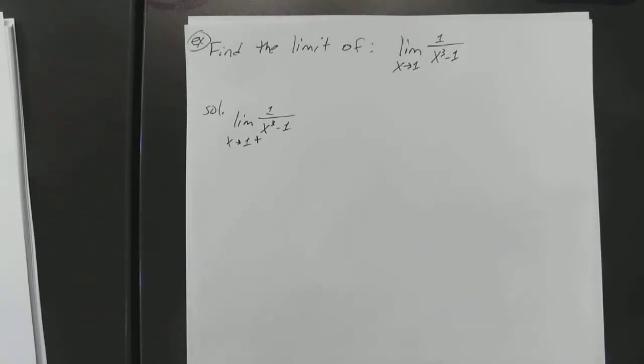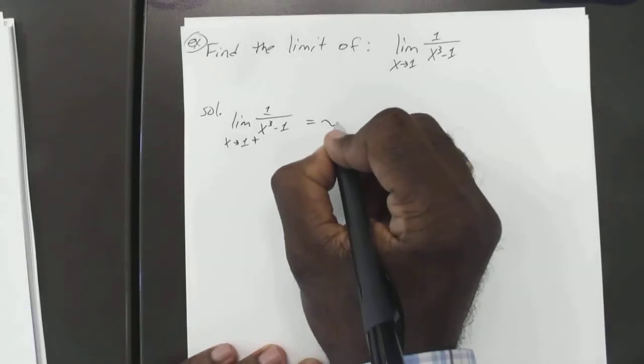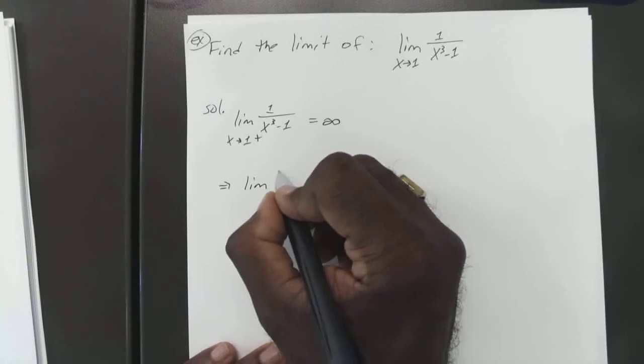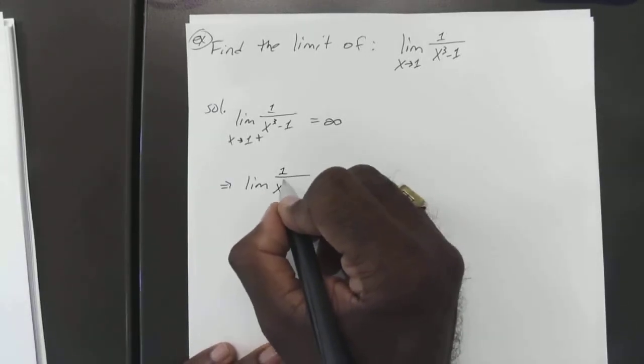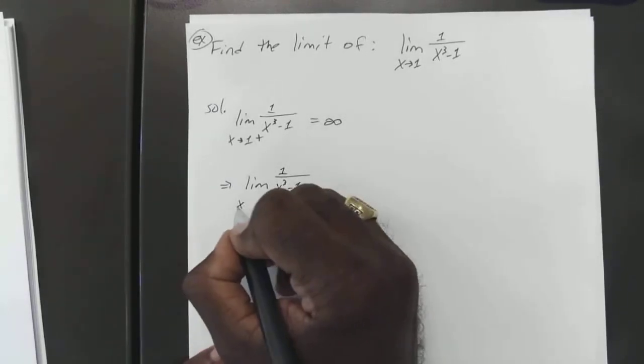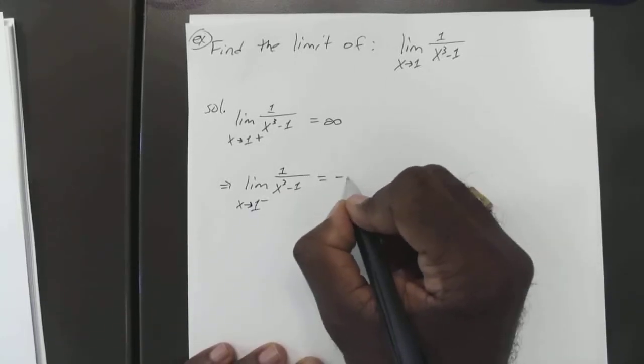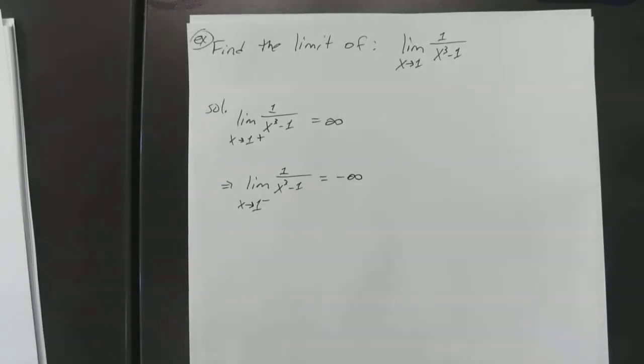Positive infinity. But we also know that the limit of 1 over x cubed minus 1 as you approach from the left is negative infinity. Now this is what they call a two-sided limit, so of course when they don't go in the same direction, it doesn't exist.